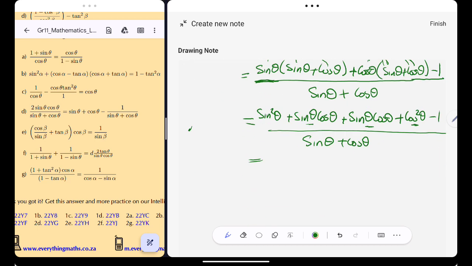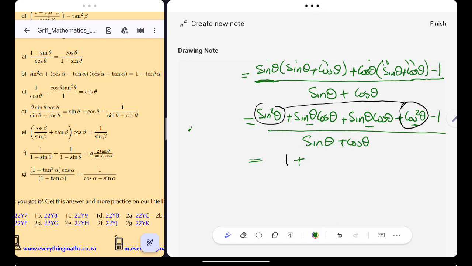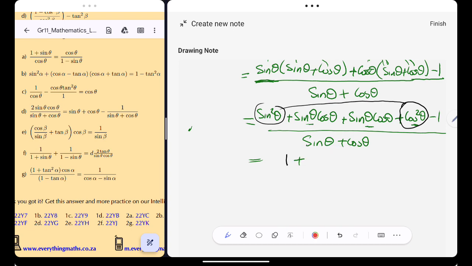Now I know that I have sine squared theta plus cos squared theta, which is equal to 1, right? And then I have sine theta cos theta plus sine theta cos theta.